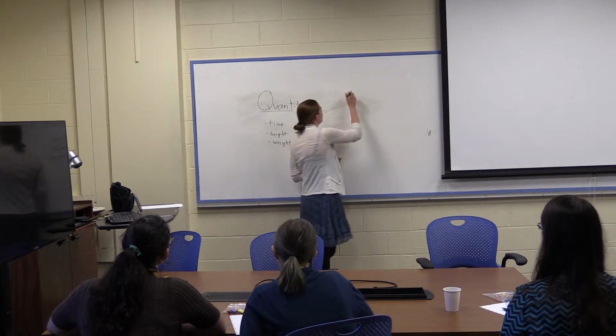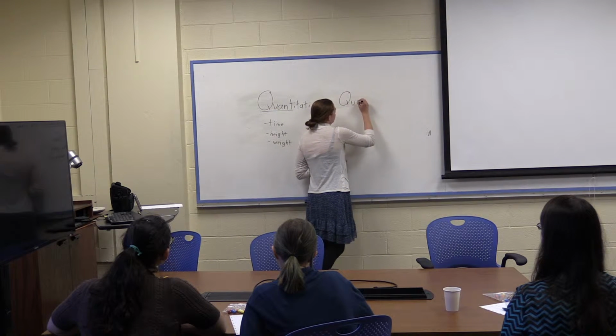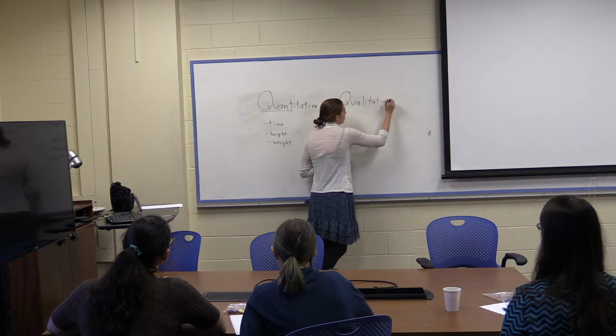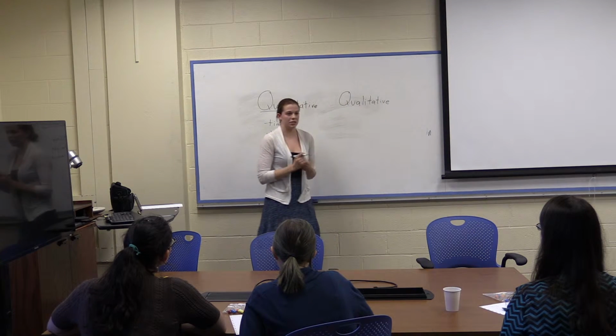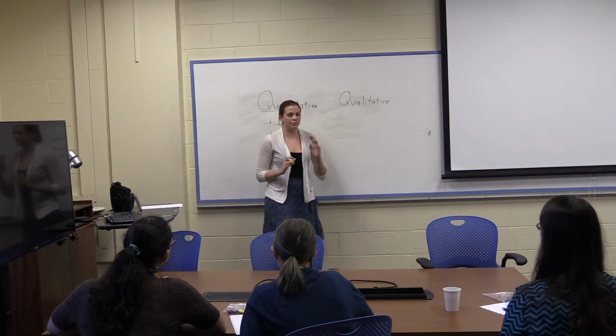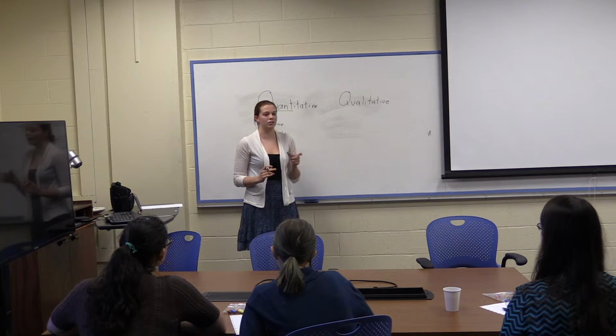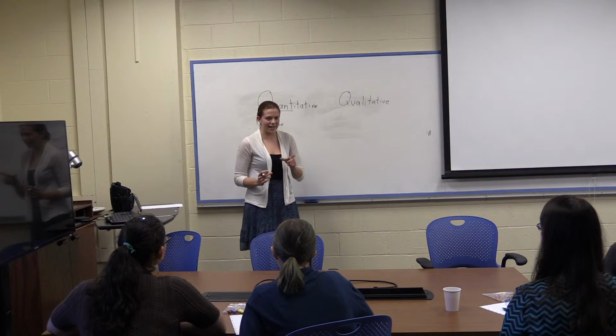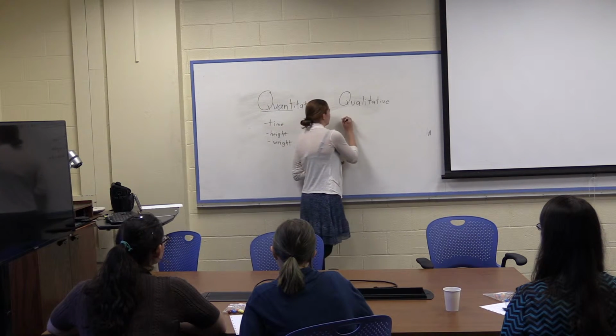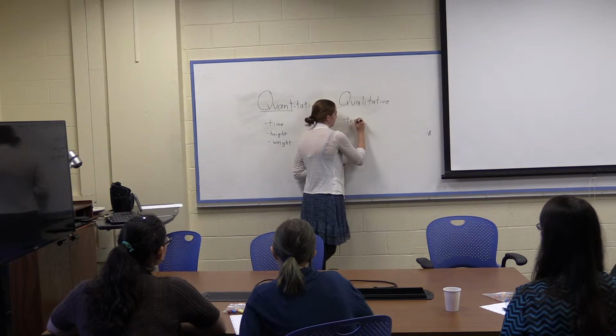The other kind is qualitative observations. And qualitative observations can only be expressed using words. They still describe important phenomena about the world around us, but there's no way to actually measure what exactly those phenomena are. But, for example, the texture of something is a good qualitative observation.